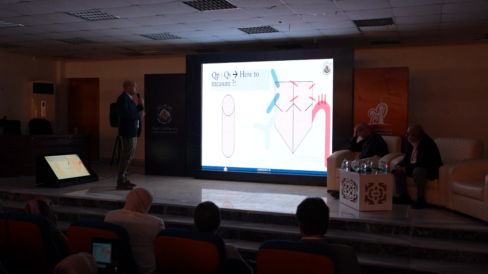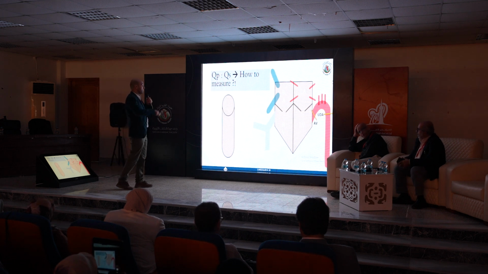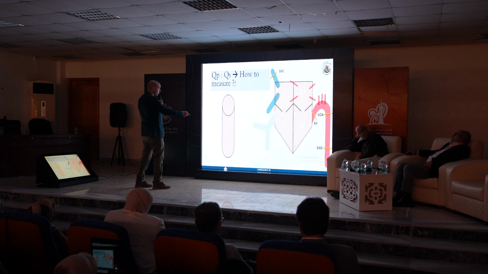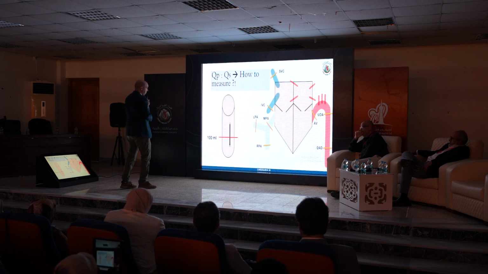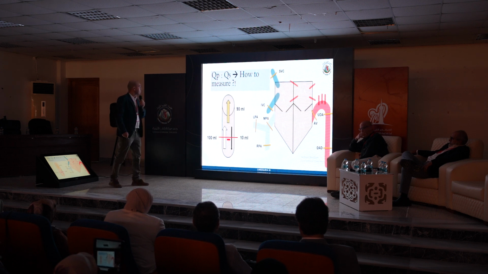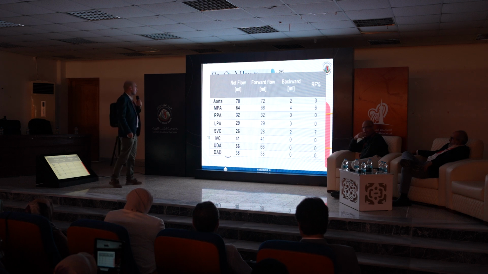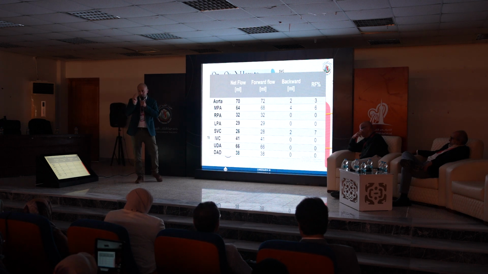In a full study, we'll take our measures on the aorta, upper descending aorta at the diaphragm, superior vena cava, inferior vena cava, main pulmonary artery, LPA and RPA. And we will get the list of measurements for every segment we measure.